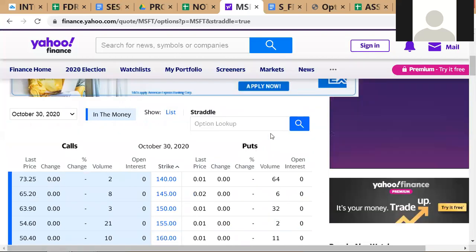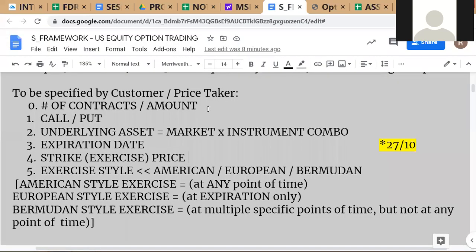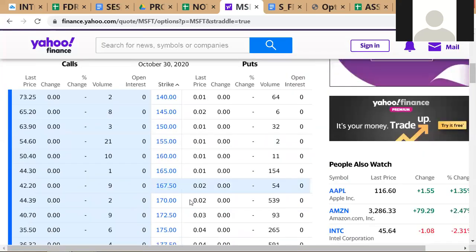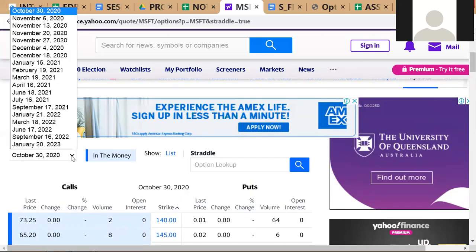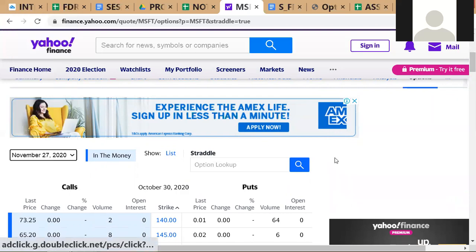And of course, we looked at the expiration date already yesterday. As you can see, the reason this has a very low price is because the expiration date is very nearby. It's October 30th. If you choose a longer expiration date, let's say November 27th, that will have a much higher price.